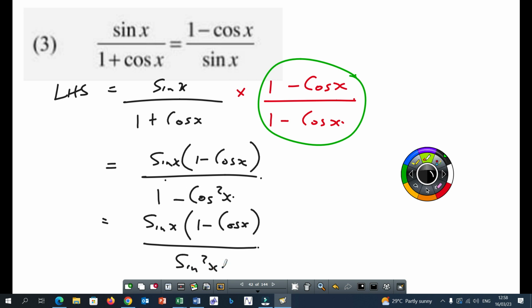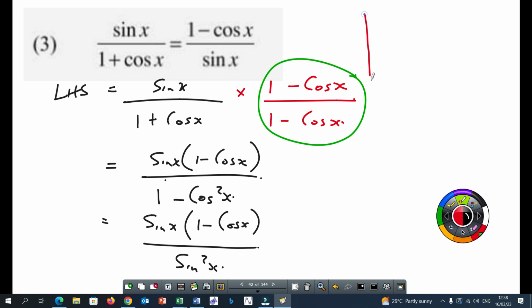Once we get here, it becomes a little bit easy. Now one of these sine x cancels with this. Let me write it down.